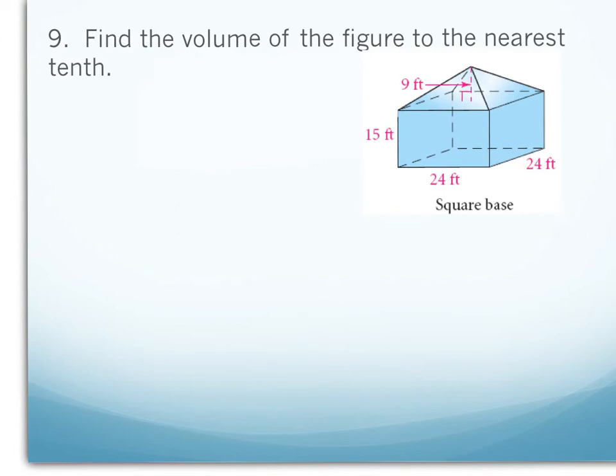In our last example, number 9, it says find the volume of the figure to the nearest tenth. And you notice that we have a rectangular prism as the base and a pyramid as the top. So let's first find the volume of our rectangular prism. So for the prism, remember volume equals area of the base, so 24 times 24, times the height, 15.